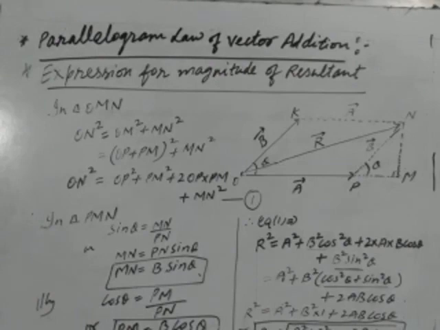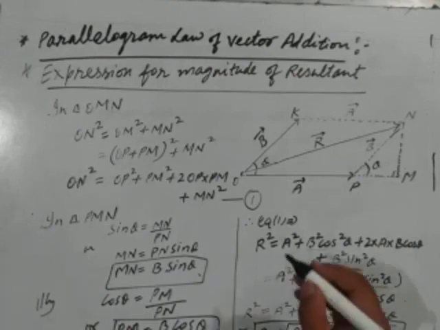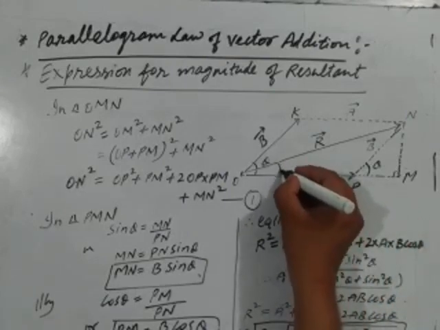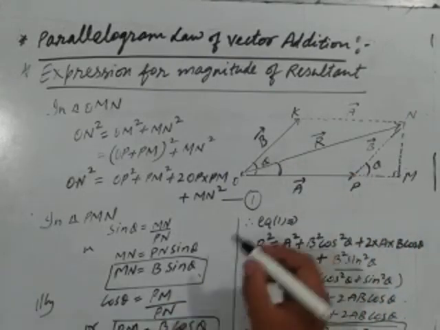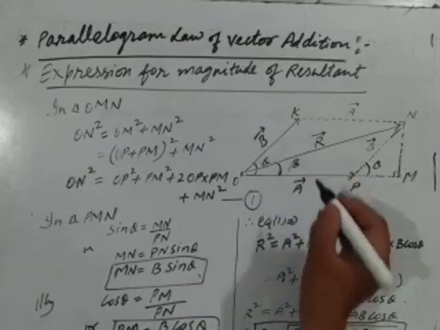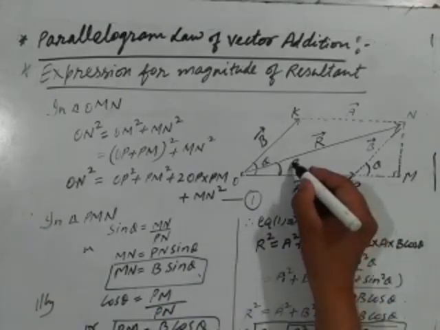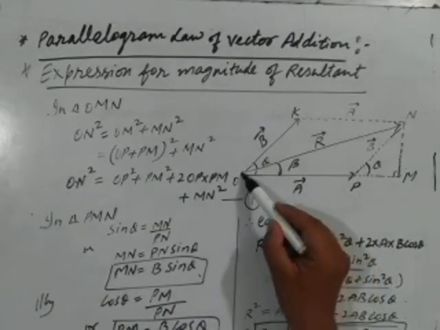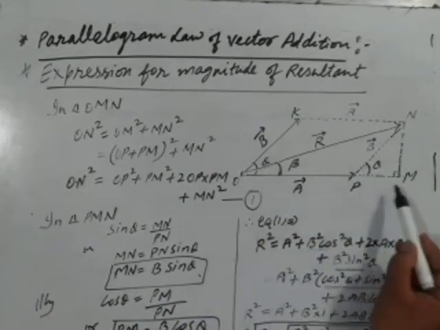Now we will derive an expression for the direction of this resultant. For finding the direction of the resultant, say this angle is beta, so we will find out the value of this angle beta, which this resultant makes with the horizontal direction.